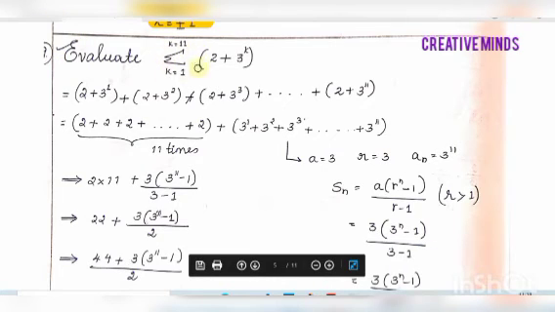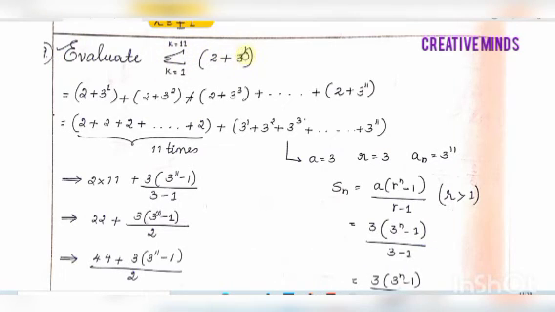Evaluate the summation of 2 plus 3 to the power of k, where k runs from 1 to 11. Summation means the sum of this; we have to find the sum of these numbers.